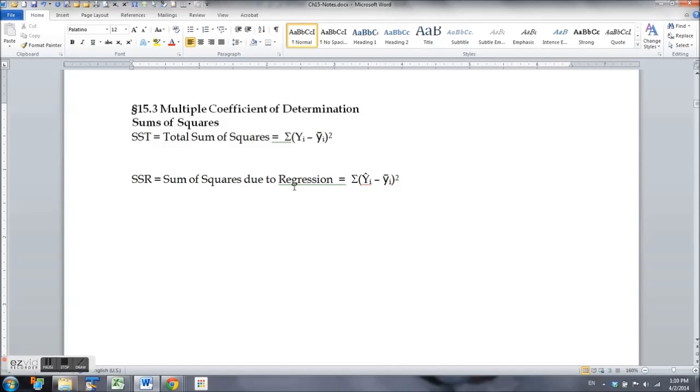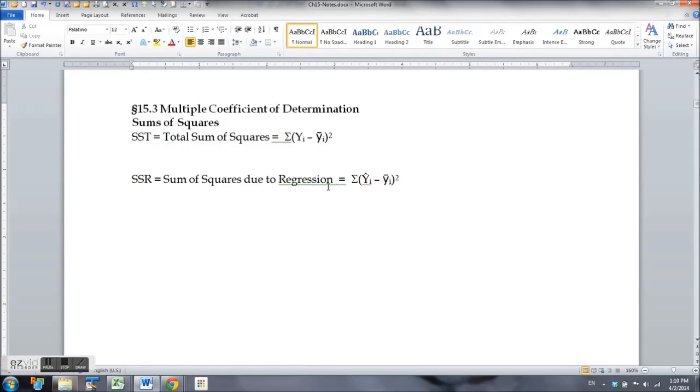Now when we bring in all the x's and run the regression, then y hat becomes our estimate, and therefore y hat minus y bar is the amount of error that was there originally that is no longer an error. Originally the error was y sub i minus y bar.